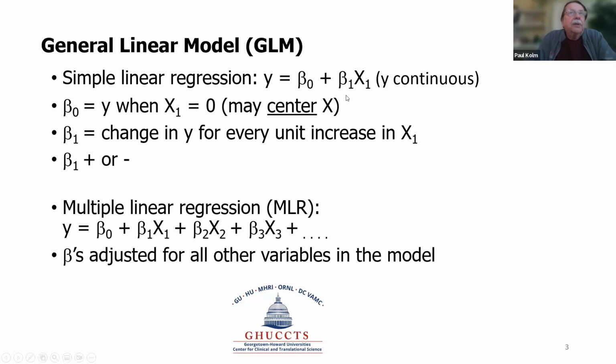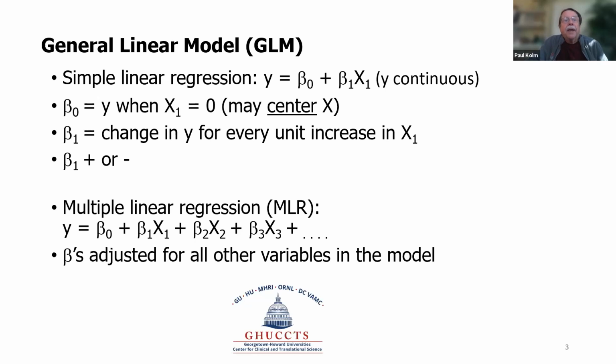In some instances, for example, if x is age, then a value of 0 may not have any meaning. So sometimes we center x, meaning that we subtract the value of each individual from the mean of all individuals.